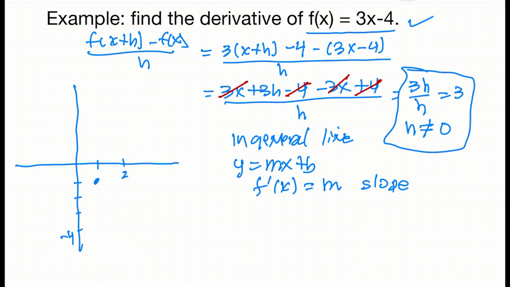At 2, it's going to be 6 minus 4, which is 2. So it looks like it's going to be a line, and that makes sense, since that is the equation of a line. That is our equation of a line, so we get a line, and the rate of change of a line is just going to be the slope m.